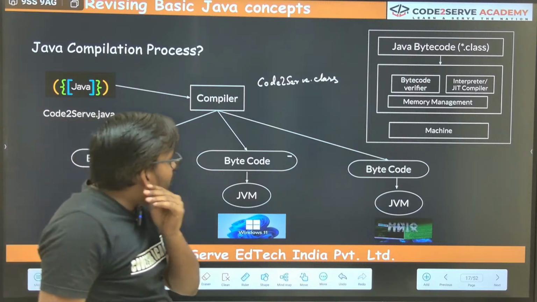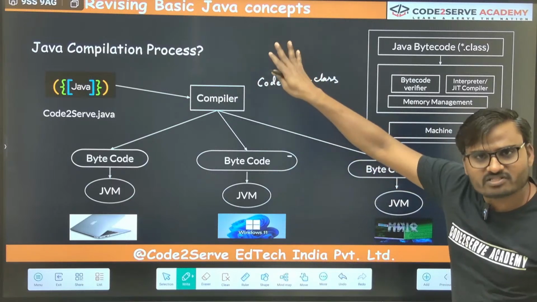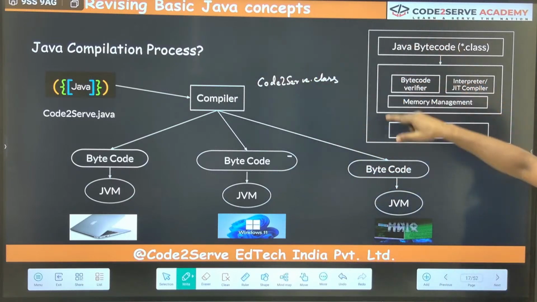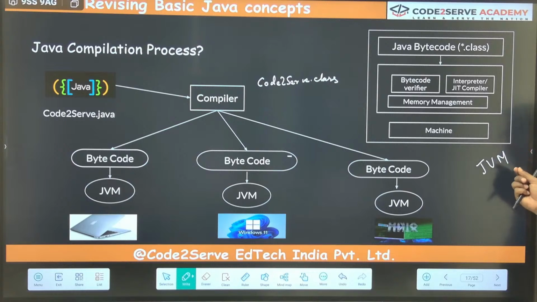And what is the beauty of this? You have written in one programming language once. Now this is the architecture of the JVM, and the full form is Java Virtual Machine.